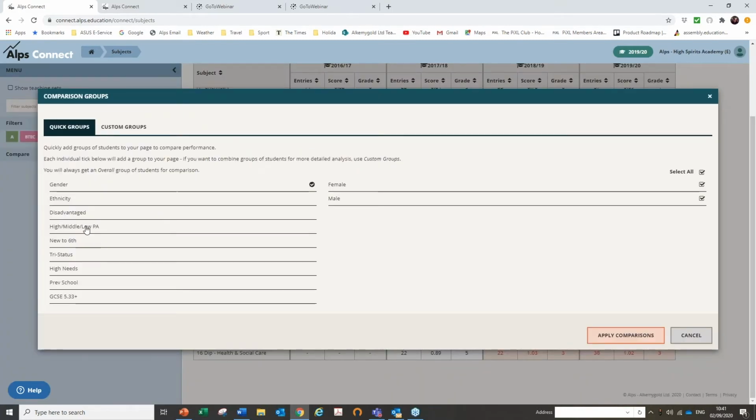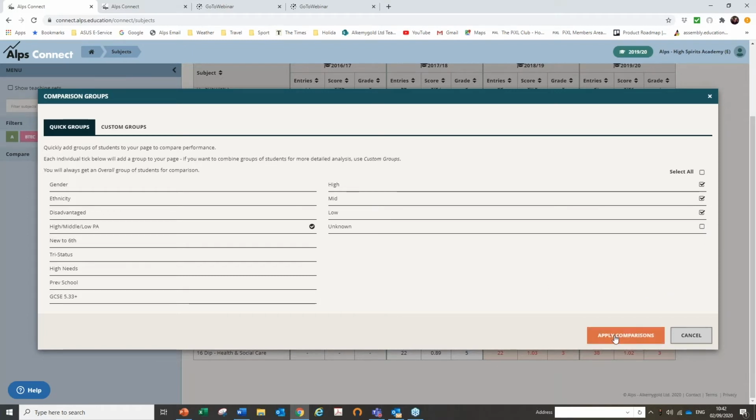I'm also going to do a few comparisons with you. Firstly, because we've just seen, looking at the strategic analysis, that there's a bit of a problem perhaps. We're going to have a look at high, middle and low prior attainment. I'm going to untick unknown so that I'm just looking at those three categories.